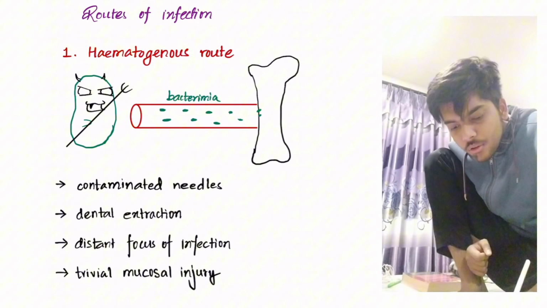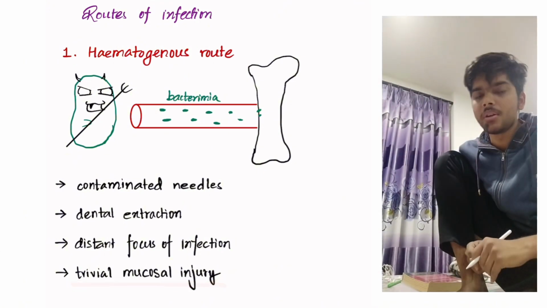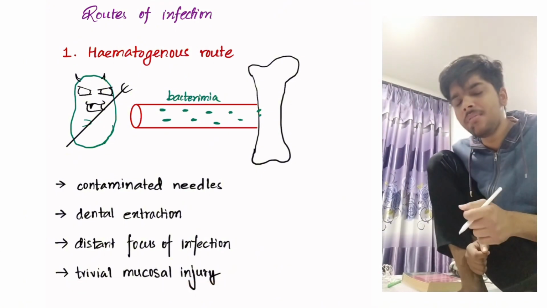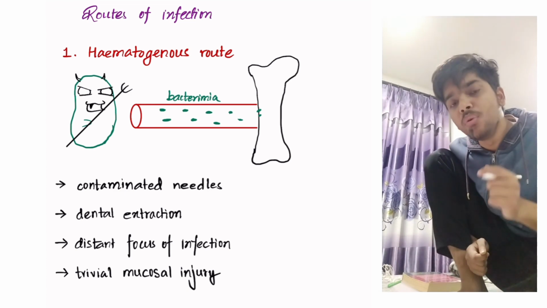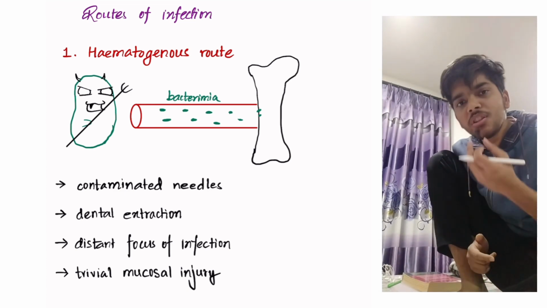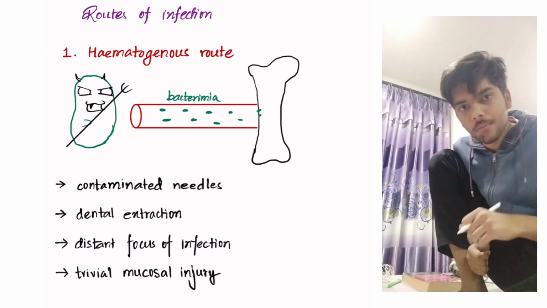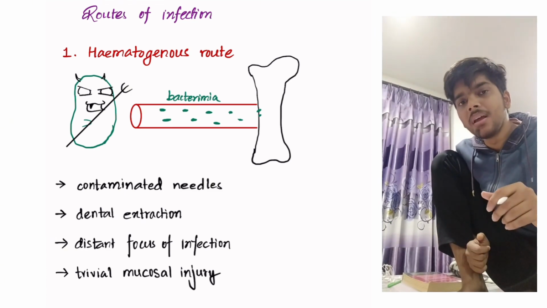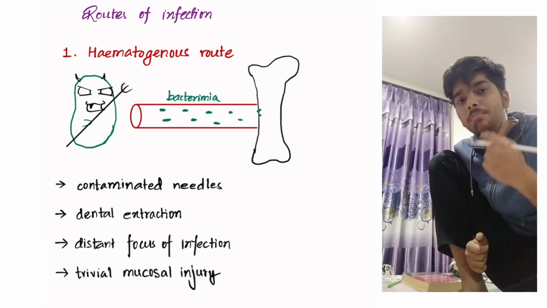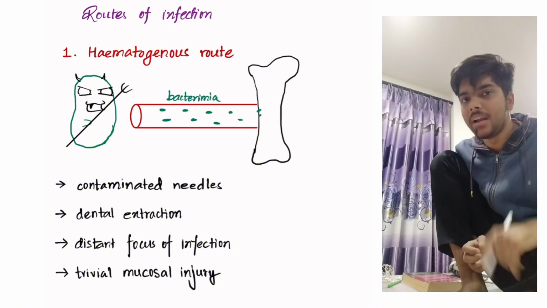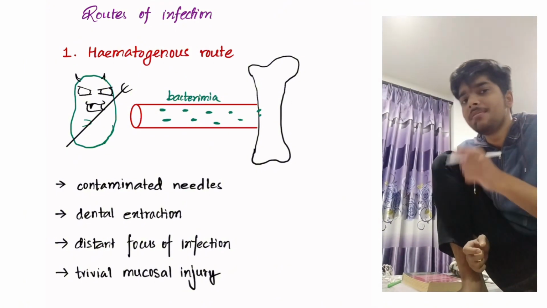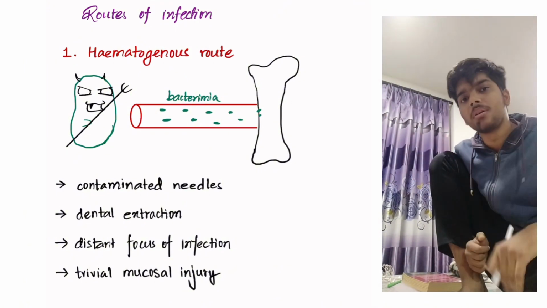And finally, through trivial mucosal injury, something as trivial as the abrasion of a mucosal lining. Let's say you are chewing food that is hard and rough. The roughness of the food leads to an injury of the mucosal lining of your buccal cavity. Even through that, infection can occur and enter your bloodstream.